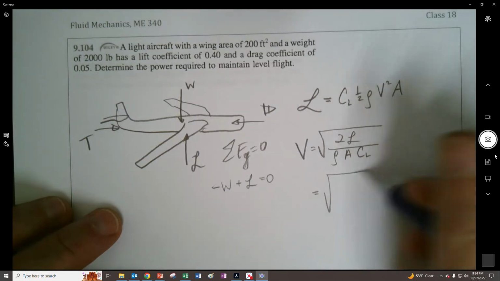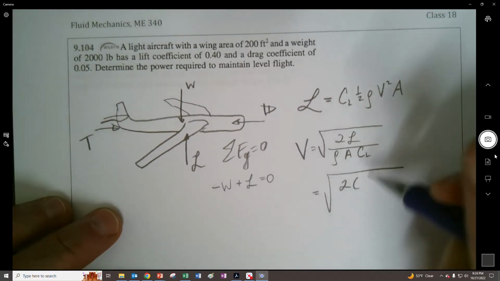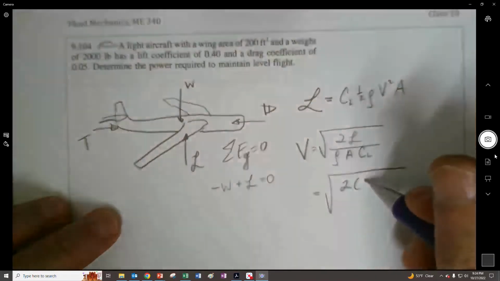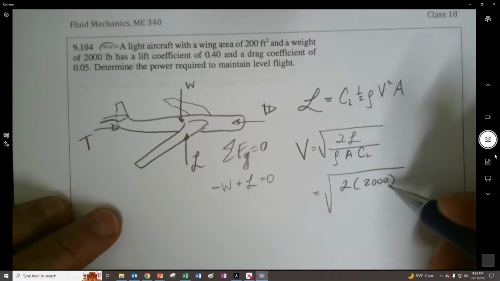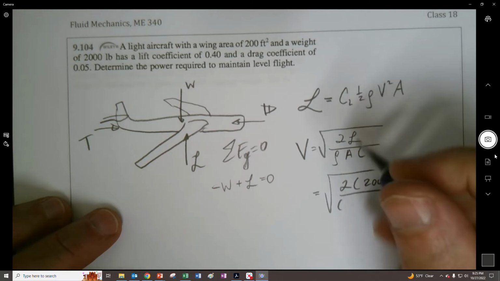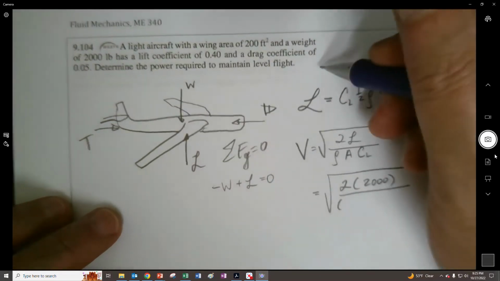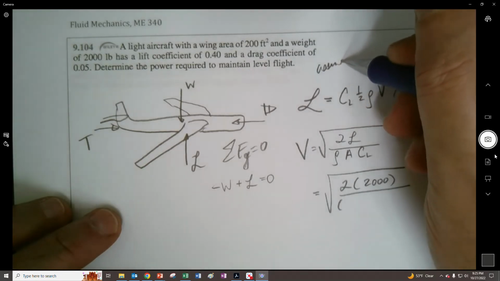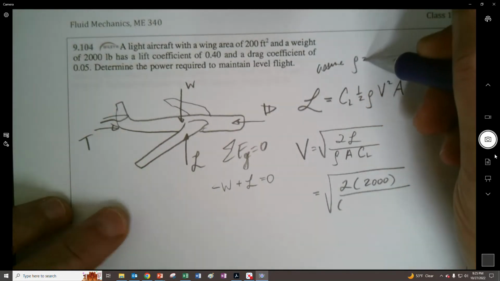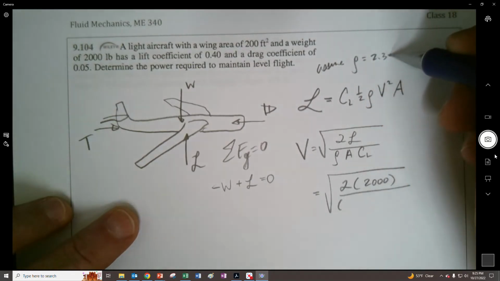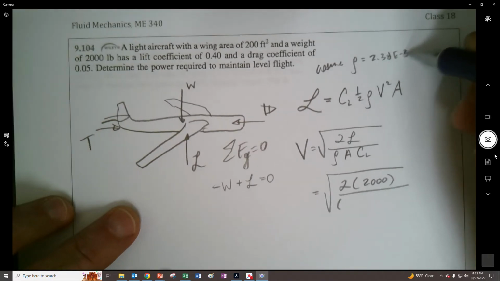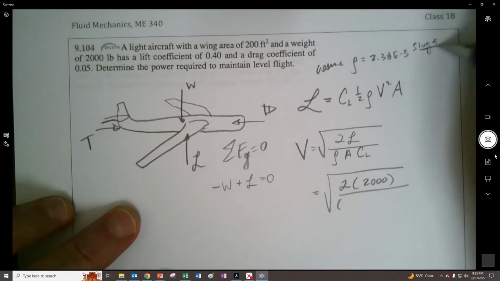So let's take that and go 2 times the 2,000 pounds, because that's the lift equals the weight, divided by the air, and we don't know the altitude, so we're going to go ahead and assume density is going to be 2.38 E minus 3 slugs per cubic foot.